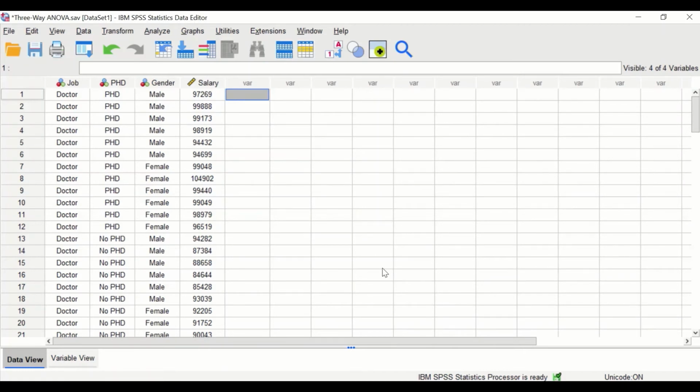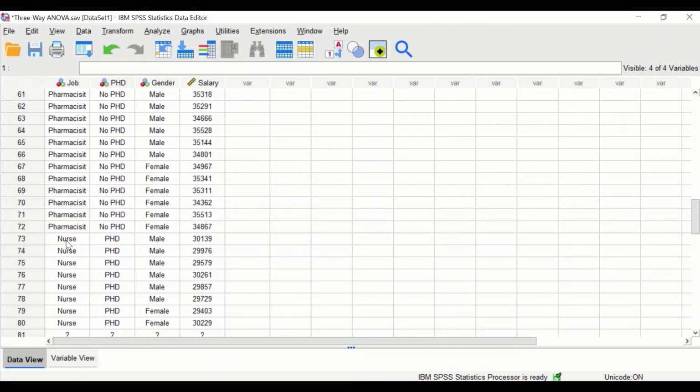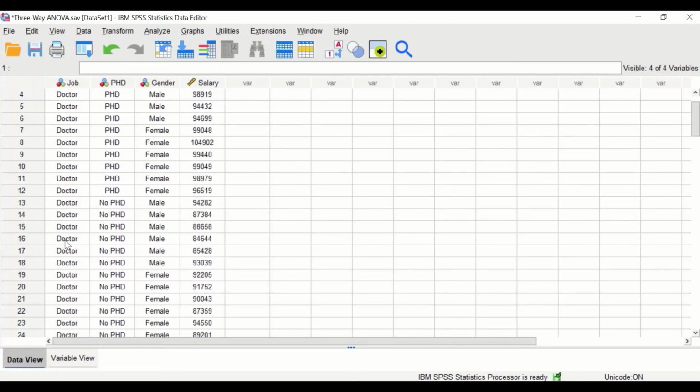The three factors are: the first one, the job factor, which has 4 levels in it: doctor, dentist, pharmacist, and nurses. So there are 4 groups or 4 categories in this factor. The second factor is the qualification factor, PhD.